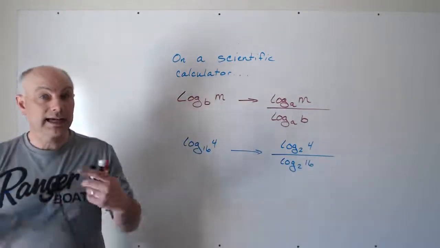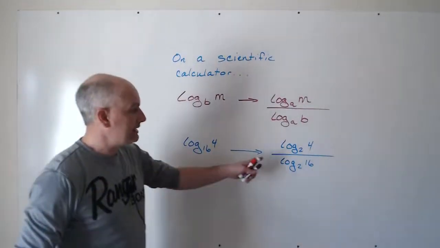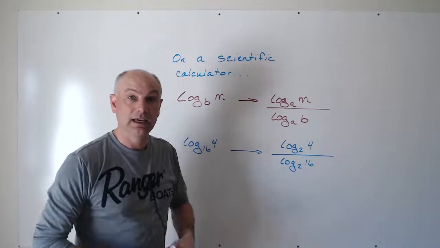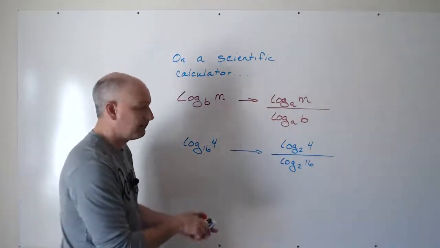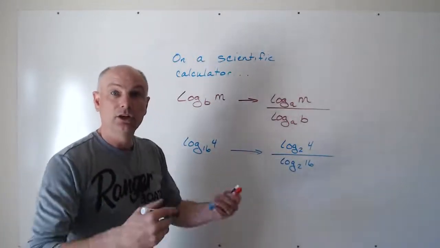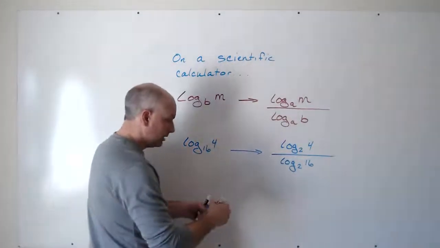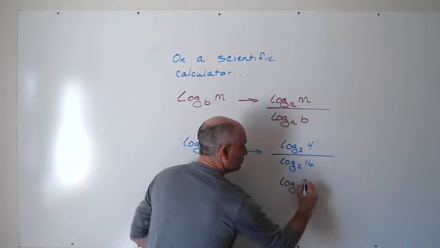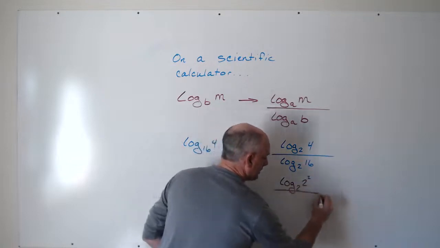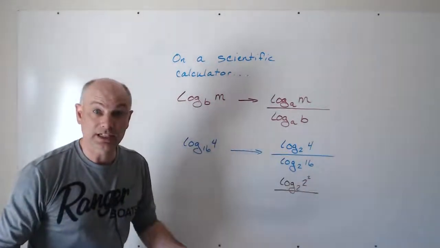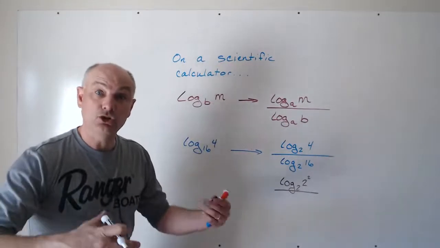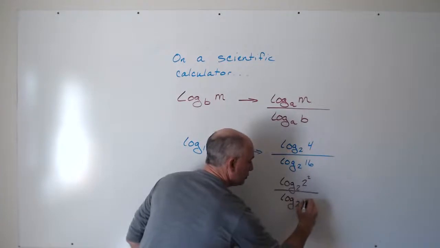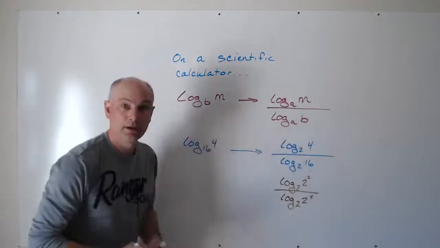Now what that allows me to do here is now I can manipulate the 4, I can manipulate the 16, and now I can simplify. 4 being what? 2 to the second power. So I could now say log base 2 of 2 to the second power, log base 2 of 16, 16 being 2 to the 4th power, log base 2 of 2 to the 4th power.